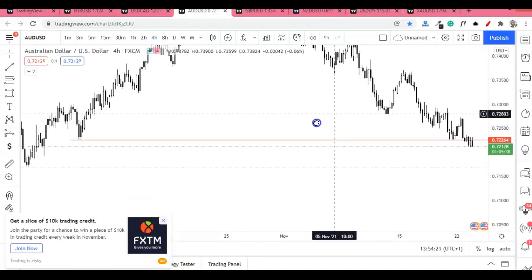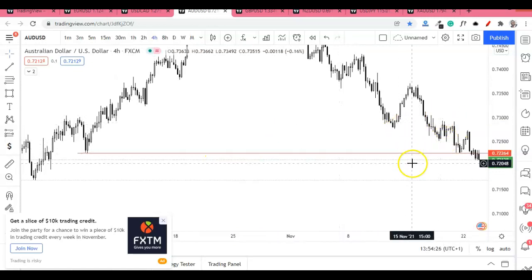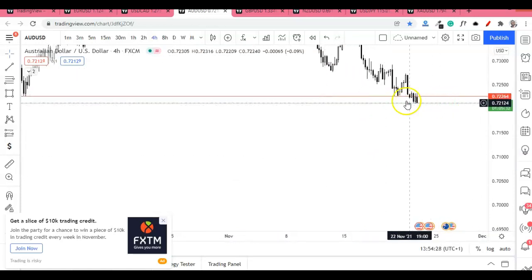Sorry, there was a glitch somewhere, but let's move on. What we need to do is to look at the current price. Like in this case, this is the current price.